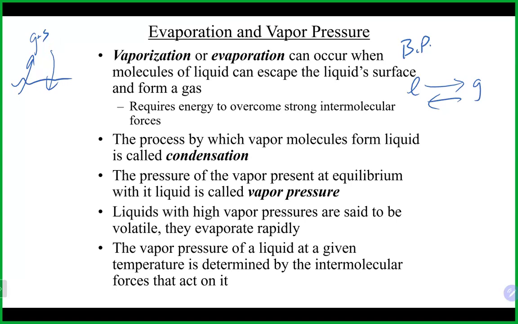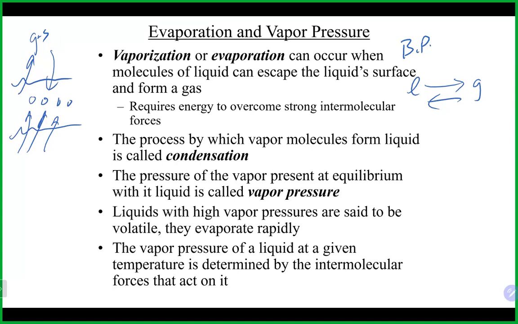And when we do get this evaporation that occurs at, say, a surface of a liquid, and when we have gas molecules above the liquid, that is what is known as the vapor pressure of a liquid, is basically how much gas molecules you have over the liquid.